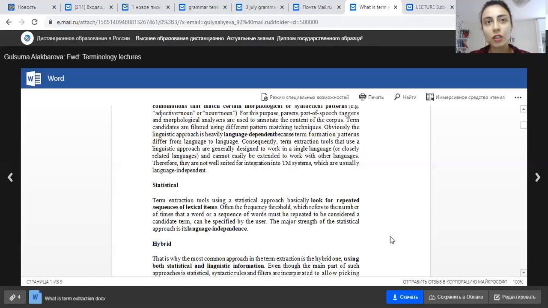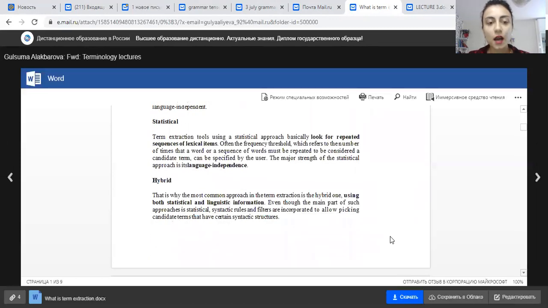It means you pay attention to the frequency, pay attention to the statistical information. It means that you should, let's say, consider only the numbers as an important point while defining your term.